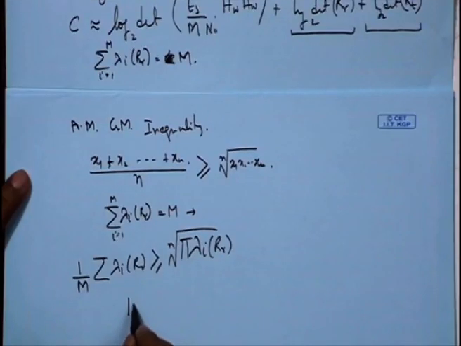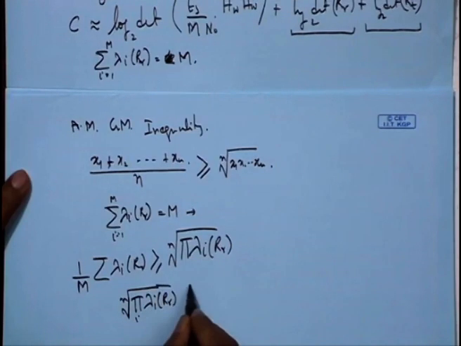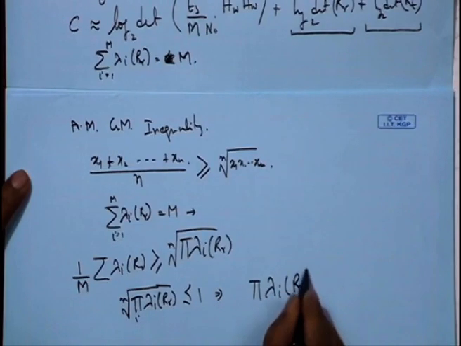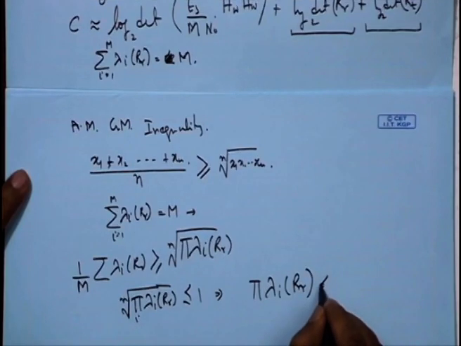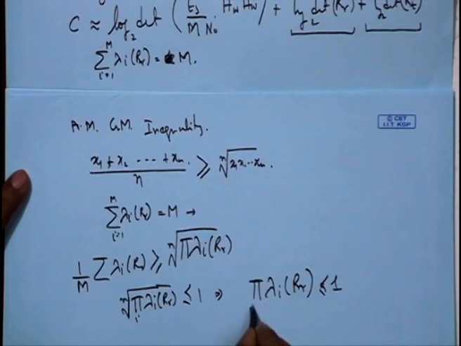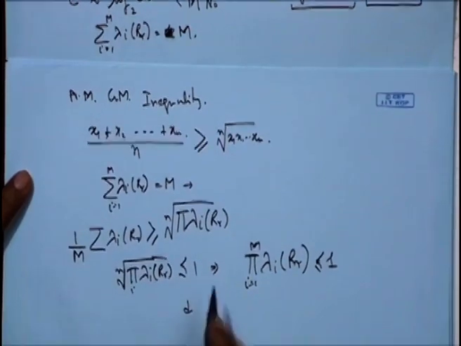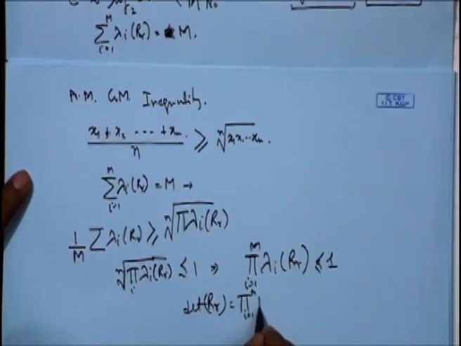So what we see is that the nth root of the product of lambda i RR is less than or equal to 1, or in other words, the product of the lambda i's of this covariance matrix is less than or equal to 1, for i equals 1 to M. So if we apply this back here, the determinant of RR is equal to the product over i equals 1 to M of lambda i RR, that is the product of the eigenvalues, and this is less than or equal to 1.